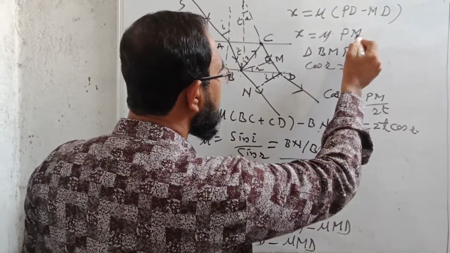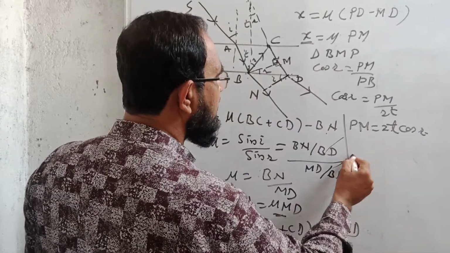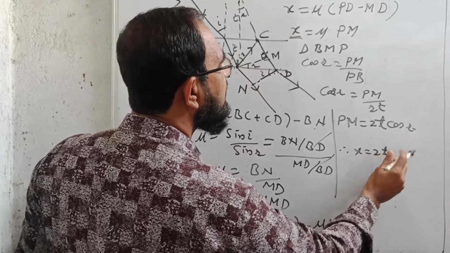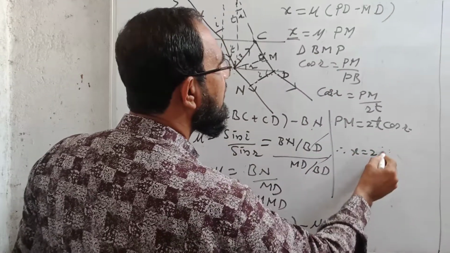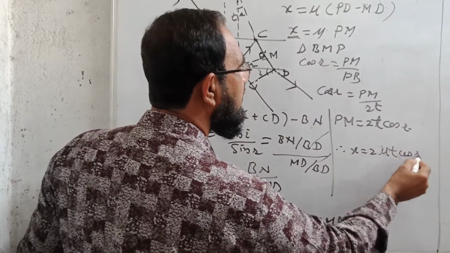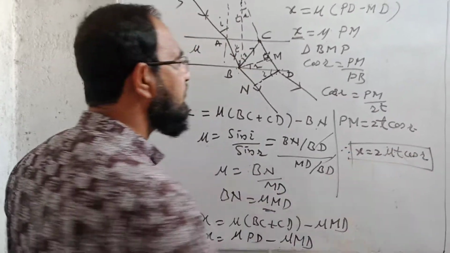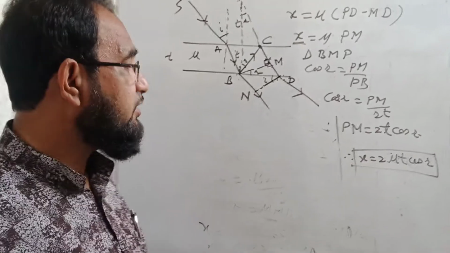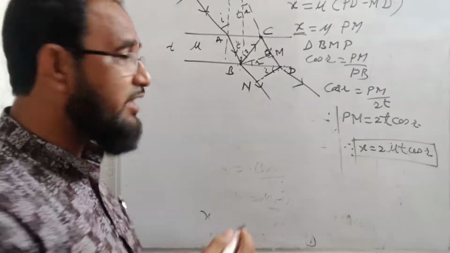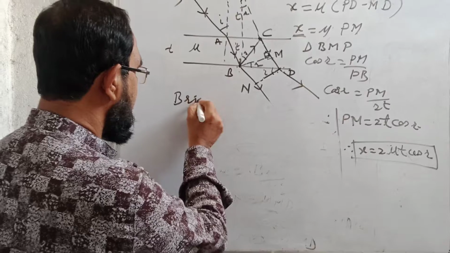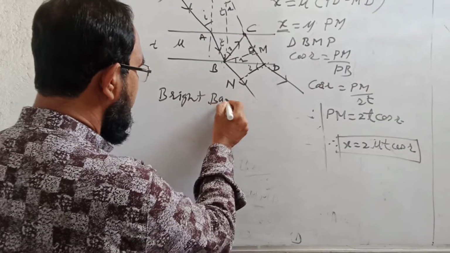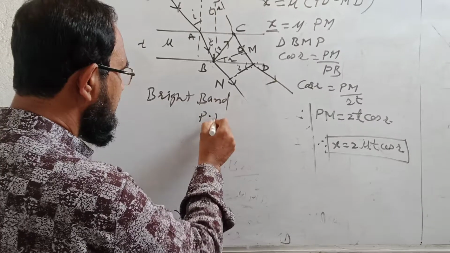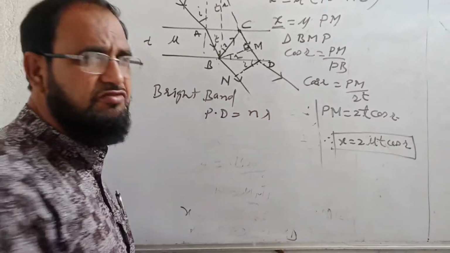So I will substitute this value here for the path difference. Therefore the path difference is equal to 2 mu t cos r. This is the path difference for the refracted light. Now if this path difference is equal to n lambda for a bright band, for the point to be bright, it is the condition for interference.